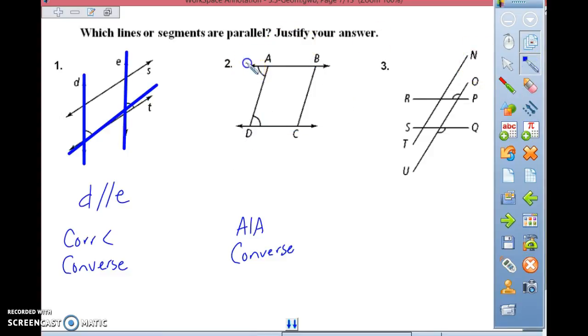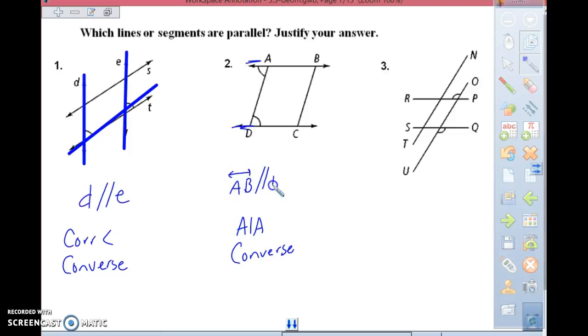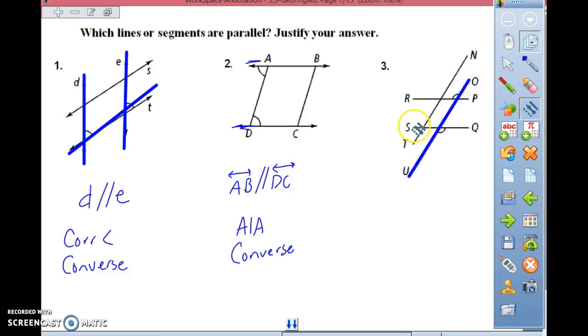So it looked like this line and this line were going to be parallel. So AB parallel to DC, using correct notation.